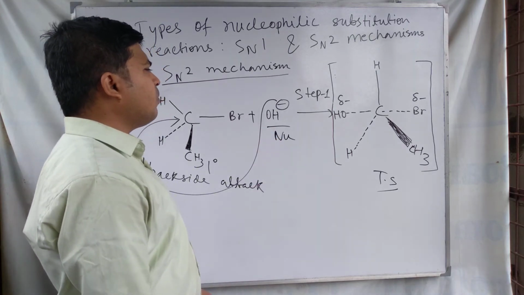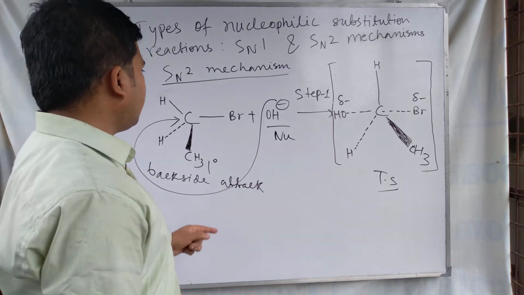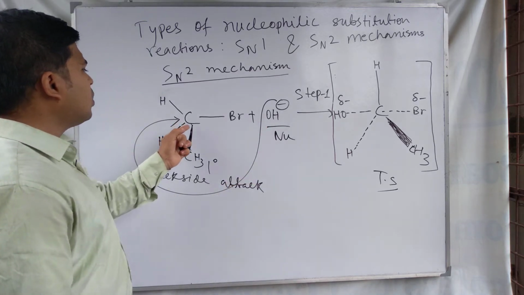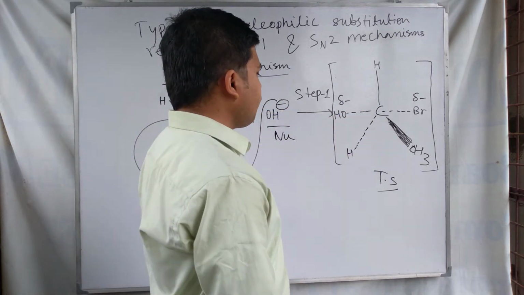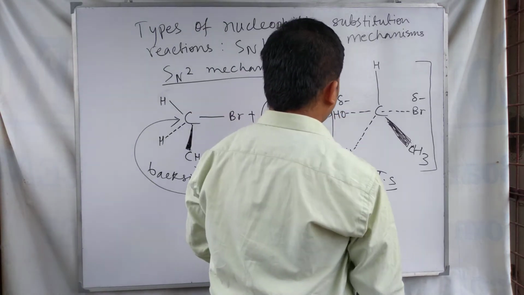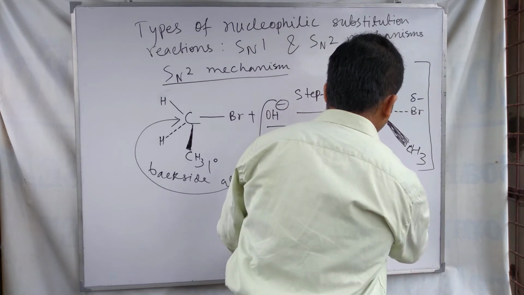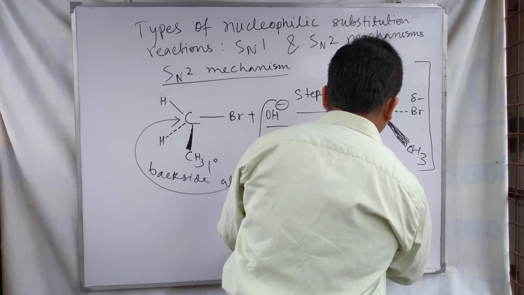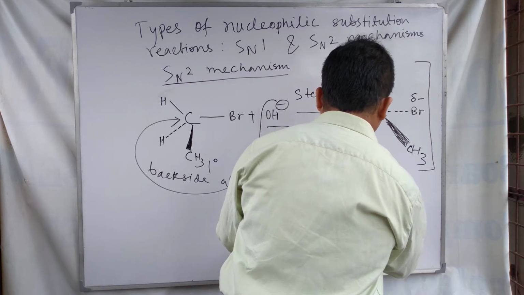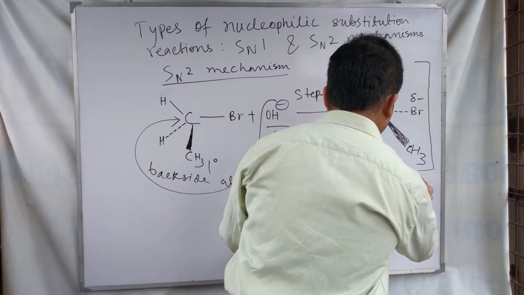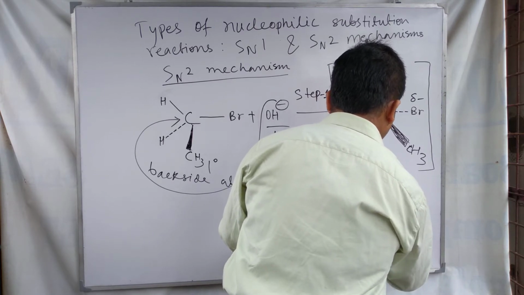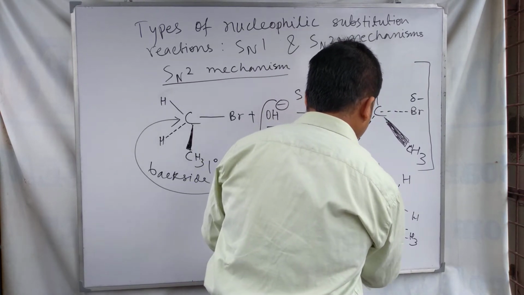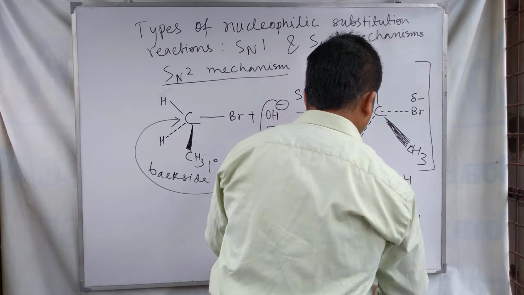So the nucleophile at first attacks the carbon of the alkyl halide, then a transition state is formed, and after forming this transition state the product quickly forms.